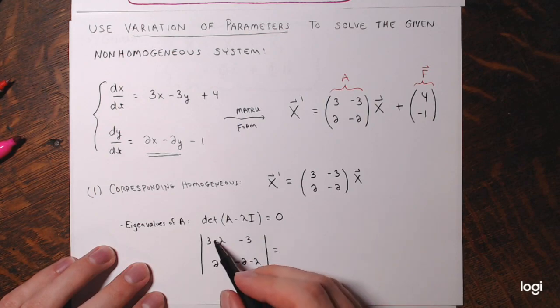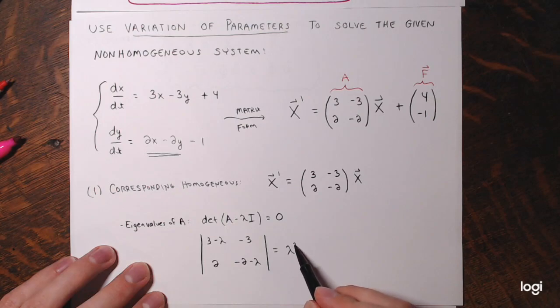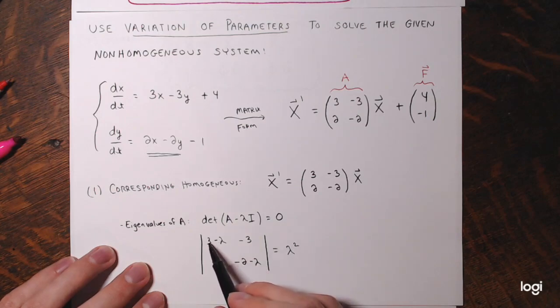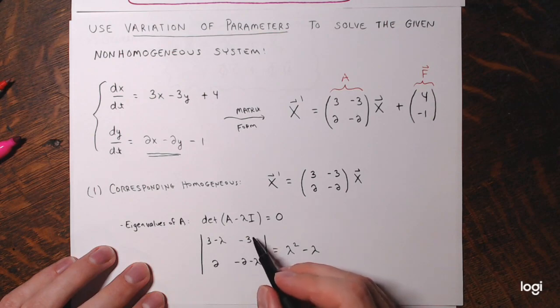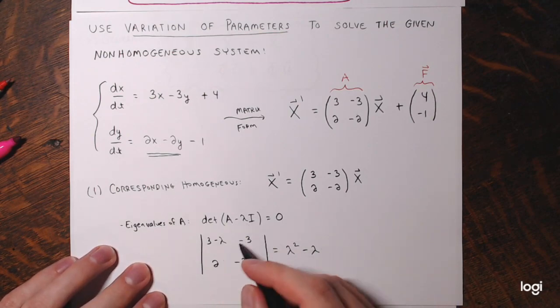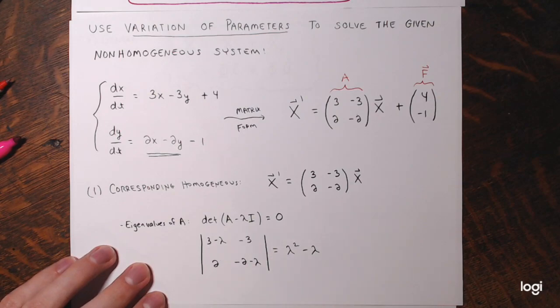If I multiply these two, I'd have lambda squared, then plus 2 lambda minus 3 lambda, that'd be minus lambda, and then minus 6, and then plus 6. When I subtract -3 times 2, I got minus 6 there, and then minus -6, plus 6, 0. So this is just lambda squared minus lambda, which is lambda times lambda minus 1.